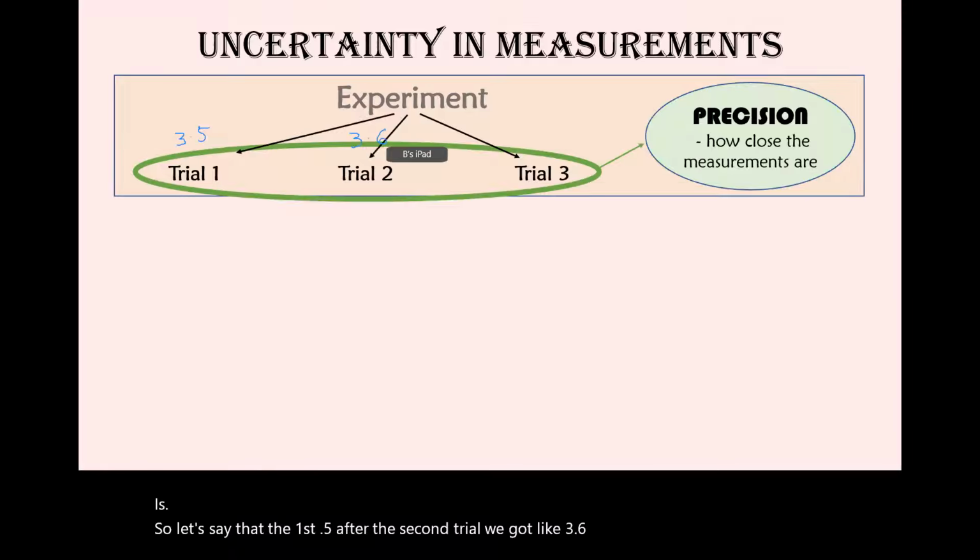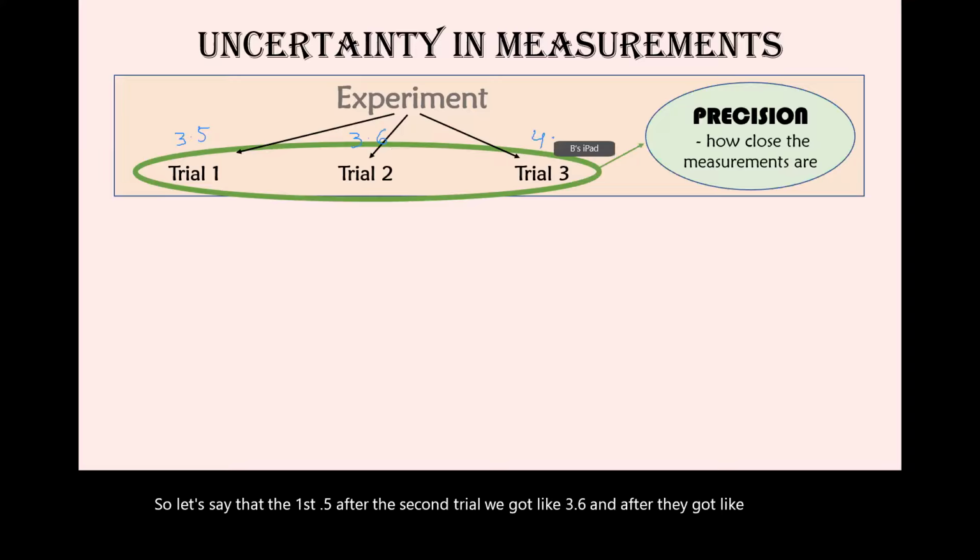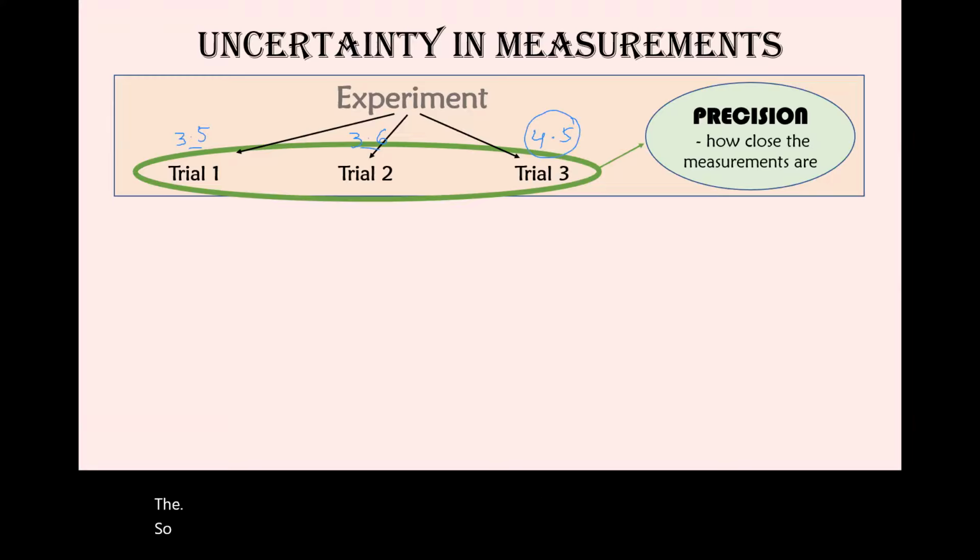And after the third trial, we got like 4.5. So now what you can tell looking at these trials is that the first and the second trial are somewhat closer to each other, but for the third one, we might have done something wrong. So the precision is like very off in this experiment. So that is one type of uncertainty that can exist in our measurements.